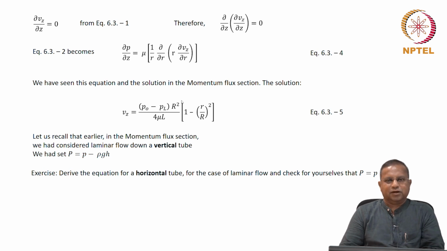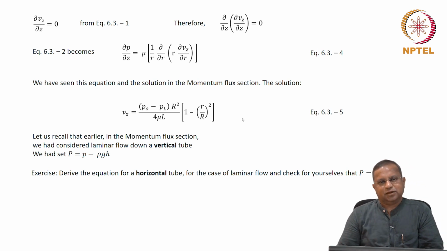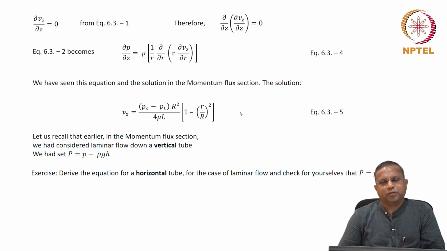Also note that we had derived this for a flow down a vertical pipe. In the momentum flux chapter, we had done that, and that we did to generalize something.